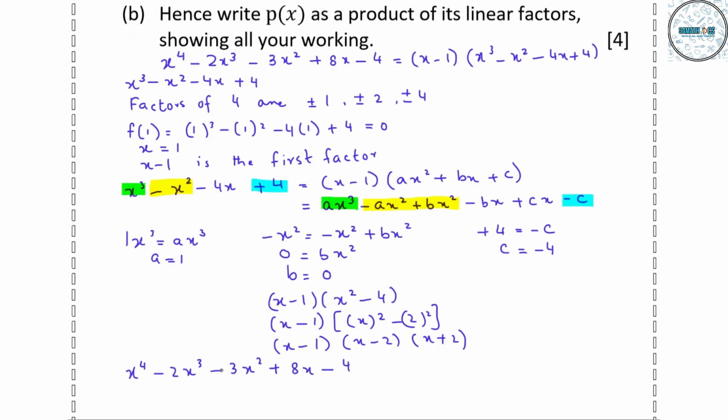X power 4 minus 2x cubed minus 3x squared plus 8x minus 4 is equal to x minus 1 into x minus 1 into x minus 2 into x plus 2. We can write it as x minus 1 whole square into x minus 2 into x plus 2. So p of x is factorized as x minus 1 whole square, x minus 2, x plus 2.